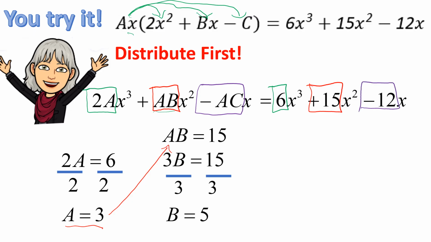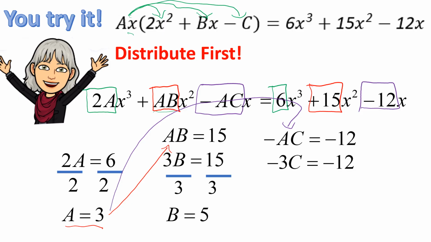So I know that negative ac has to equal negative 12. But once again, I know that a is 3, so I'm going to substitute 3 in there. Not forgetting my negative sign, though, so I'm going to have negative 3c is negative 12. I'm going to divide both sides by negative 3, and I have c is 4. So now I've solved for a, b, and c.